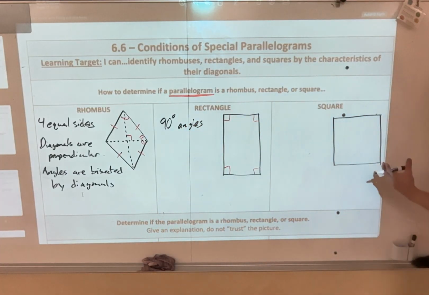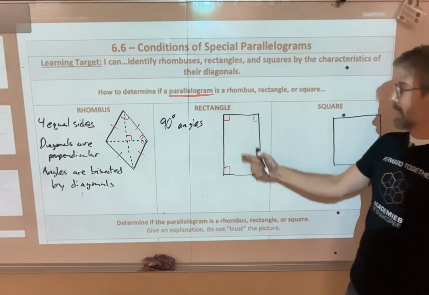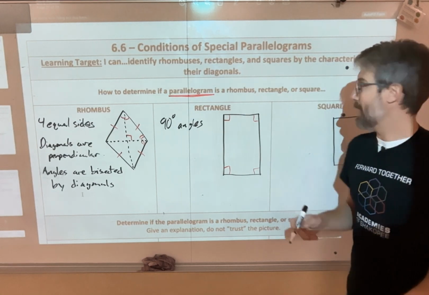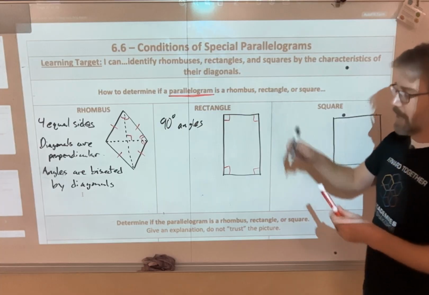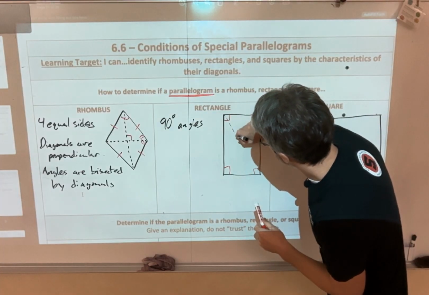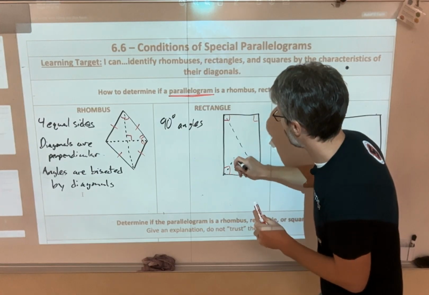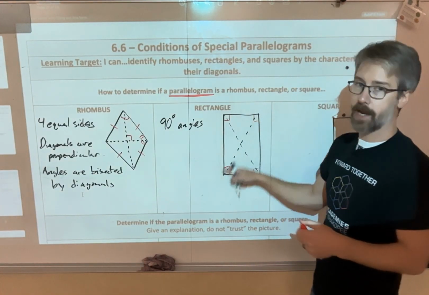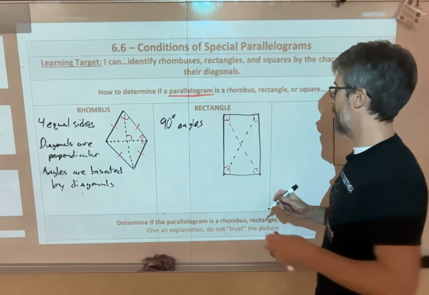If it's a quadrilateral with right angles, it is automatically a rectangle. Now, the way I can tell that using the diagonals is these diagonals are congruent. They're not perpendicular, but they're the same length. That only happens in a rectangle.